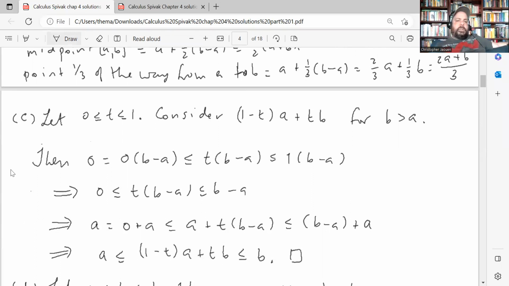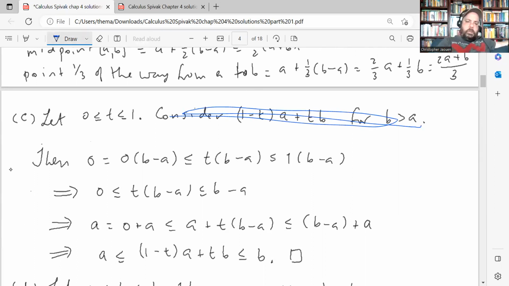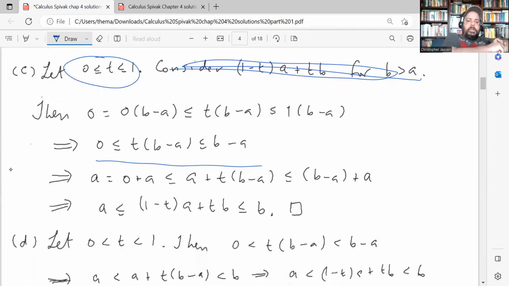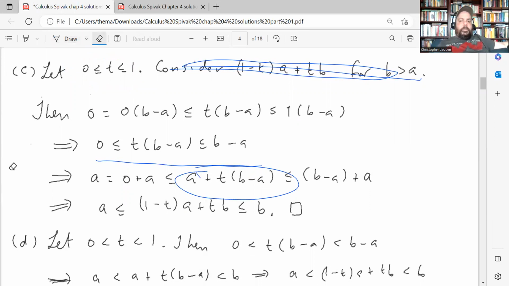Then from this inequality here, multiply all three sides by b minus a, and that gives you this inequality here. And then all you have to do is add a to all three sides, and that gives you that a is less than or equal to (1 minus t)a plus tb, because we can rearrange this to get that. And that's less than or equal to b, which is what we wanted to show, right?